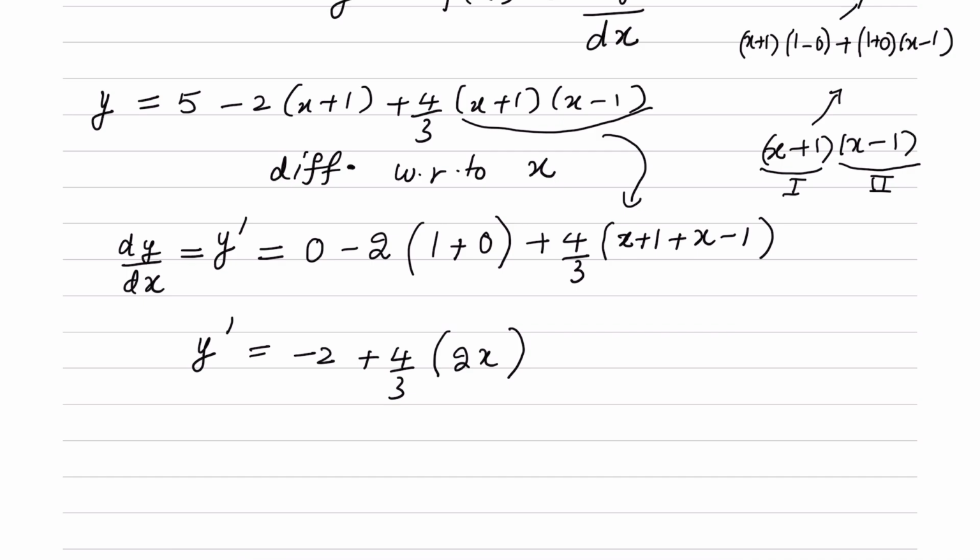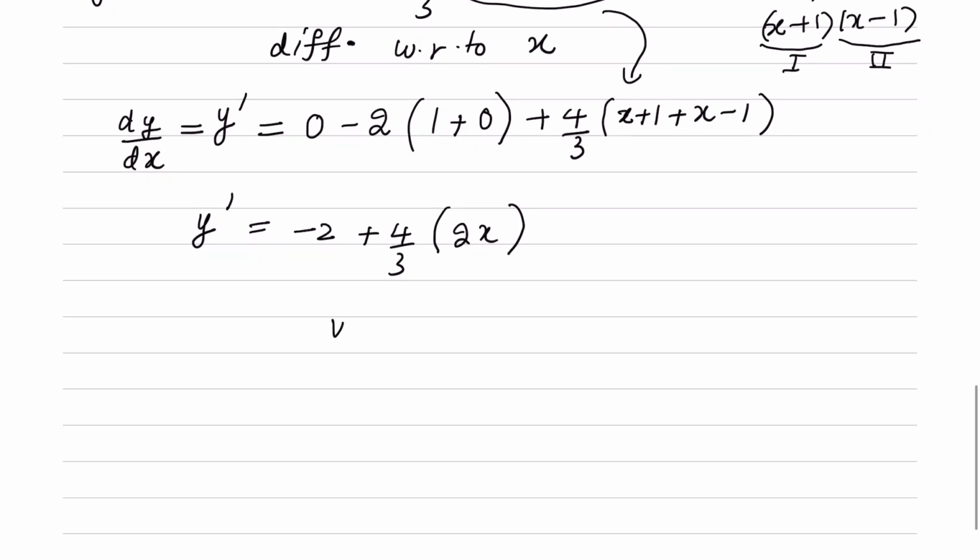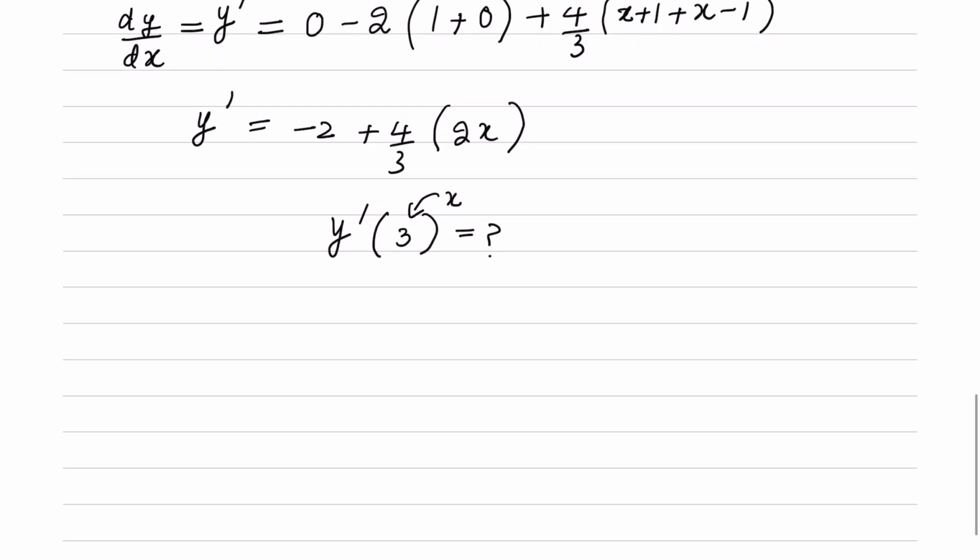We have the derivative, but remember we have to find y dash at 3, means at x equal to 3. This is something we have to find. So in this expression, y dash equals minus 2 plus 4 by 3 into 2x, in the place of x we will put 3.